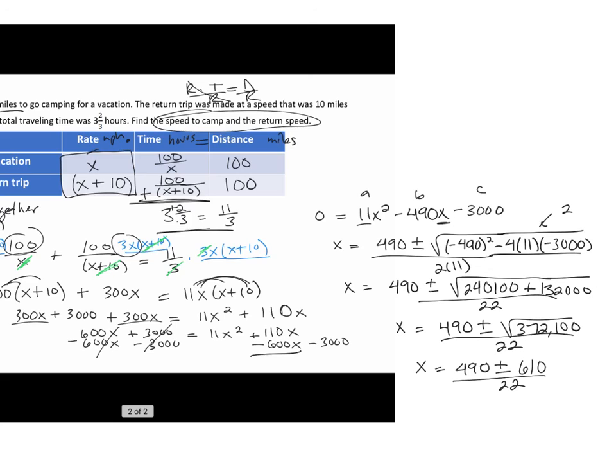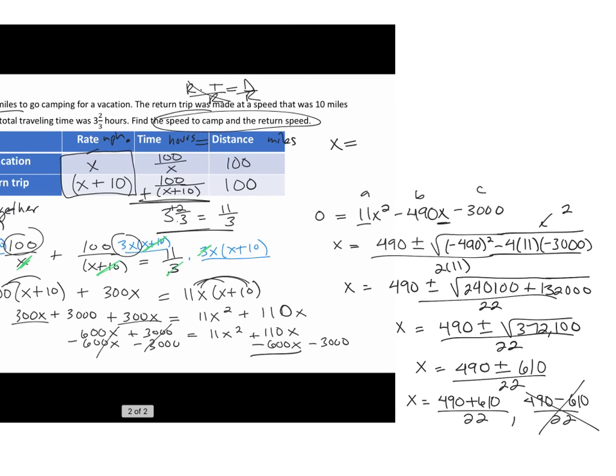So we'll have 2 solutions here. The 490 plus 610 over 22, and the 490 minus 610 over 22, which will be negative. Is that okay? Nope. Speed can't be negative, so we will only do the plus.